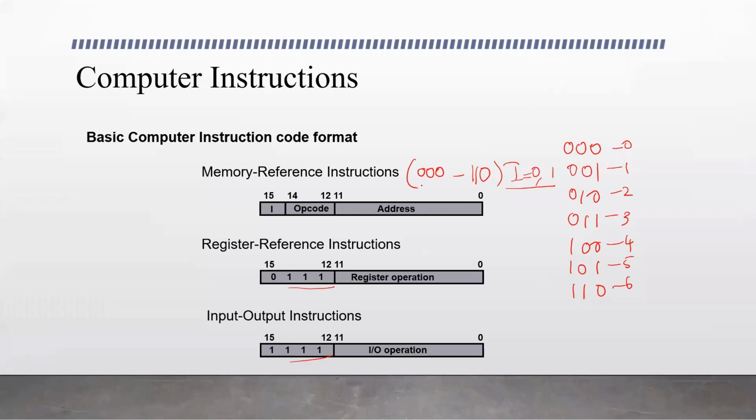So it checks these bits. The control checks the opcode. If it is one of 000 to 110, it identifies it as a memory reference instruction, and this address will be stored in AR, the address register, to fetch the operand from the memory.